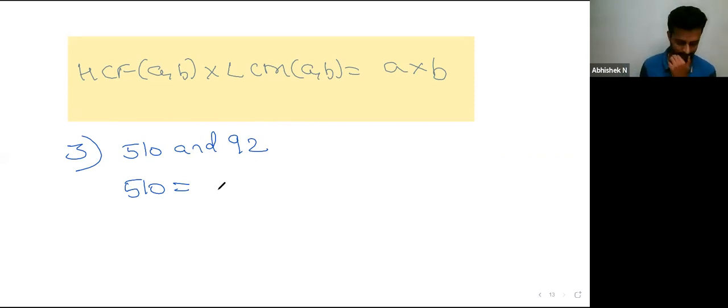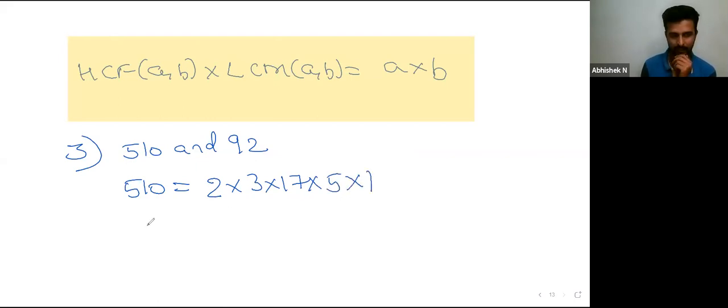5, 10: its factors are 2 into 3 into 17 into 5 into 1. And 92: its factors are 2 into 2 into 23 into 1.